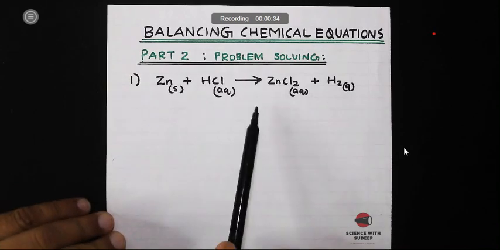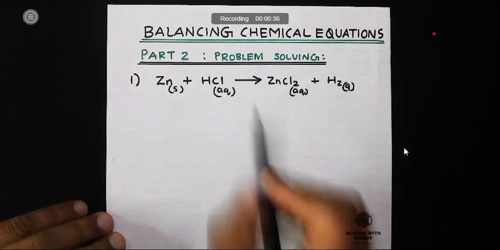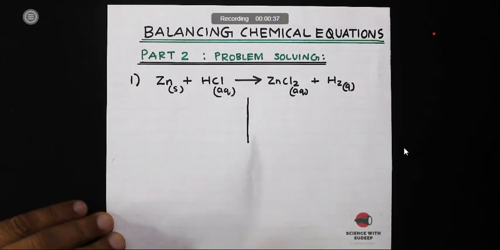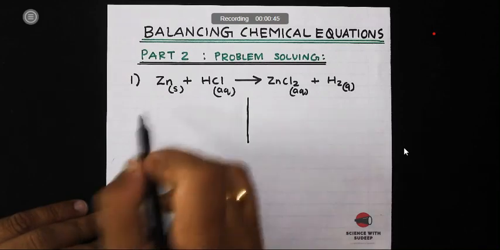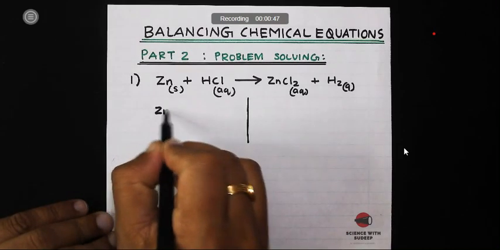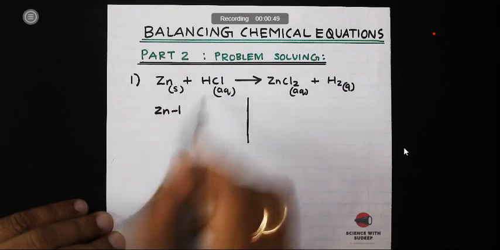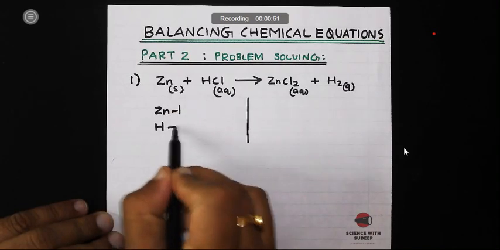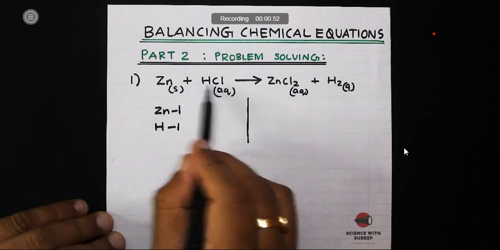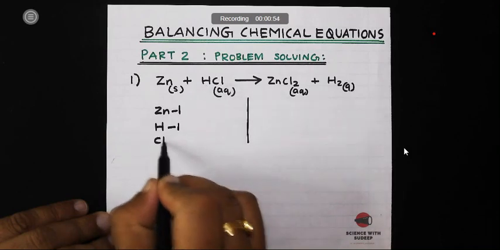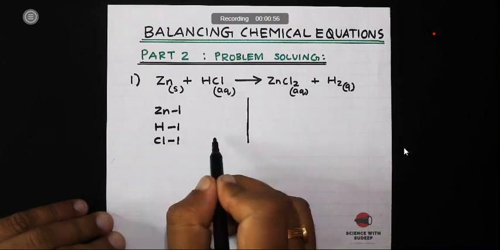Let's check whether this equation is balanced or not. As we discussed before, we have to count the number of elements on the left hand side and the right hand side of the equation. On the left hand side we have one zinc, only one hydrogen and one chlorine. So we wrote like this.